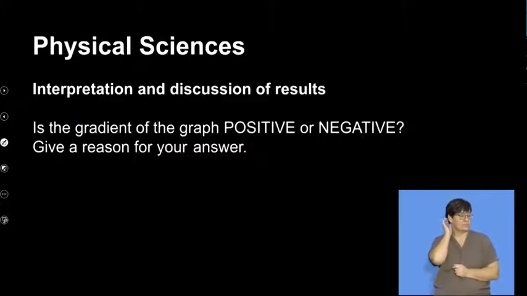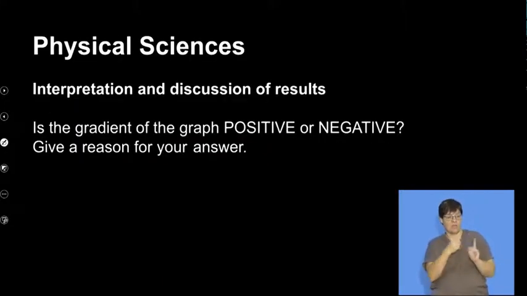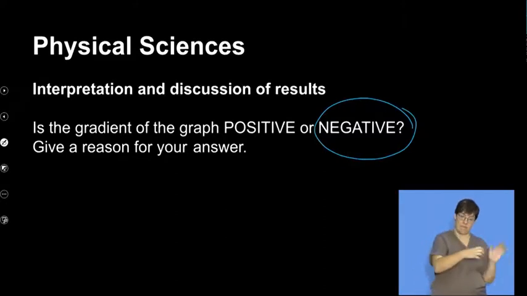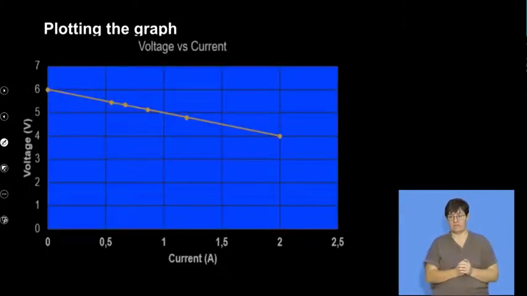Then, is the gradient positive or negative? The gradient is definitely negative. The reason for that is that if you go back to this graph, you'd realize that as we decreased the resistance, the current increased while V external was decreasing.